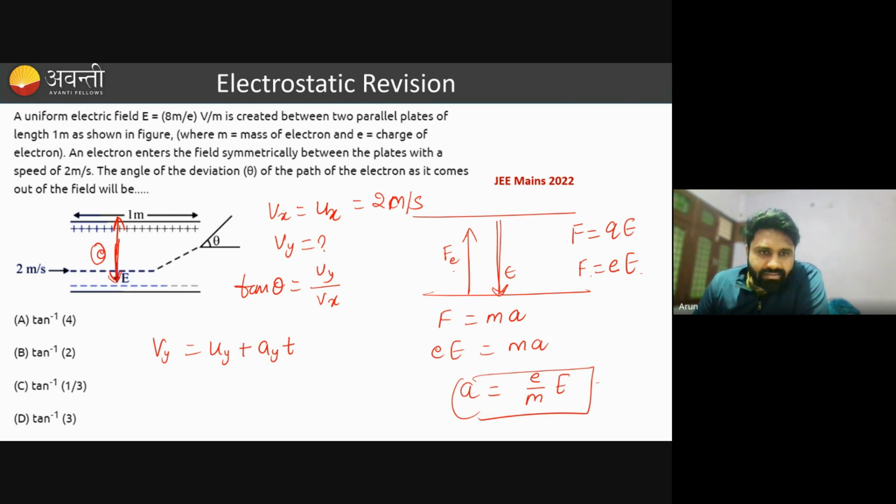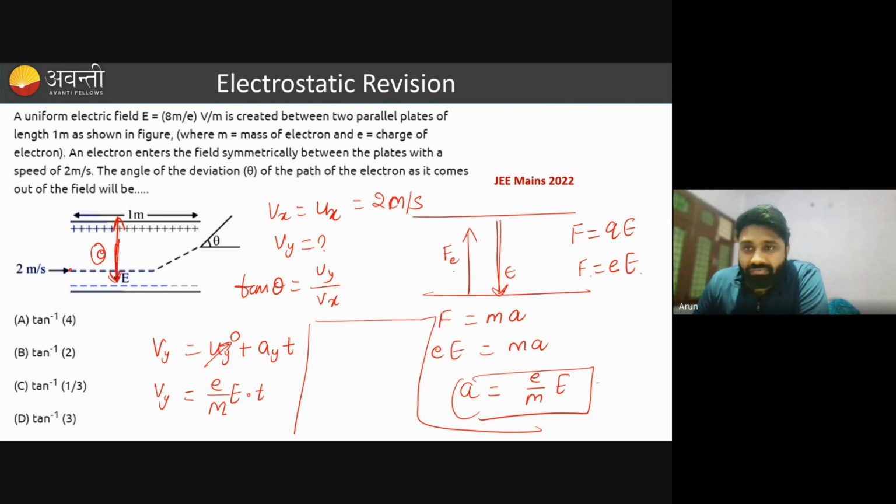So Vy is equal to Uy. Initially there is no motion in the vertical direction, so Uy will be 0. Ay we have calculated as E by m into capital E. The time we need to calculate. We know that with this velocity of 2 meter per second, the electron has covered 1 meter in the same time to exit from the field.